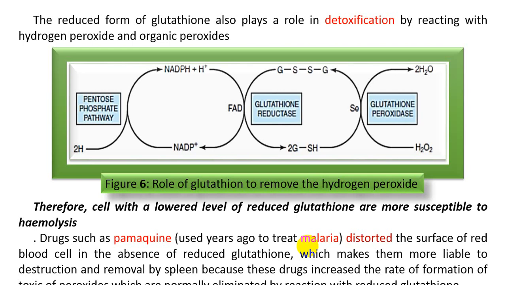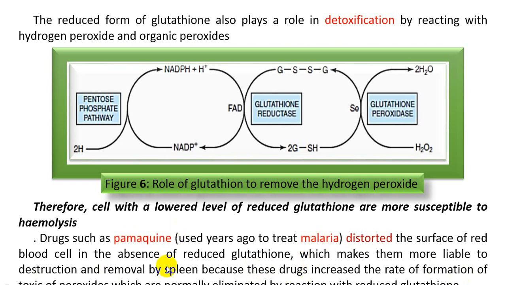Drugs like Primaquine, years ago, were used to treat malaria, but this drug distorted the surface of the blood cell in the absence of the reduced glutathione, which makes them more liable to destruction and removal by the spleen, as I said, because these drugs increase the rate of formation of toxic peroxides, which normally react with the reduced form of the glutathione.